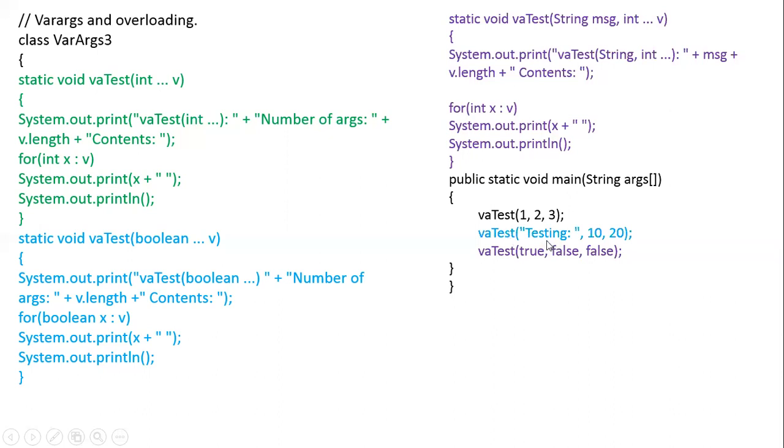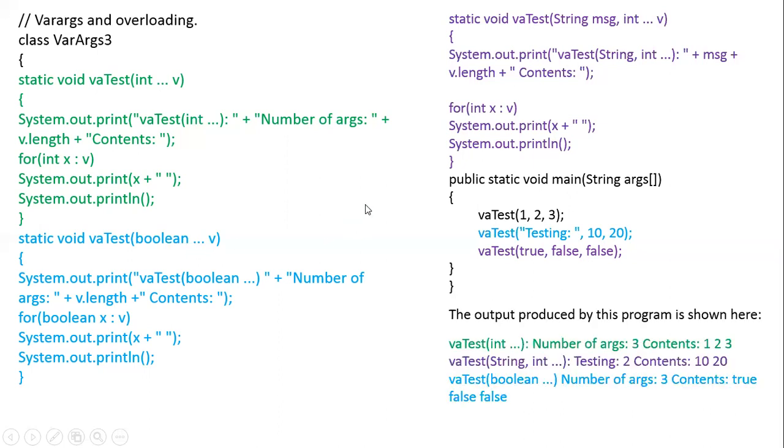When we are passing one string parameter and two integer parameters, then this method definition will be invoked and this part of the code will be executed. When we are passing three boolean parameters, then this method definition will be invoked. So here we can see it is possible to overload a method which is using variable length arguments. So this is going to be the output of this program.